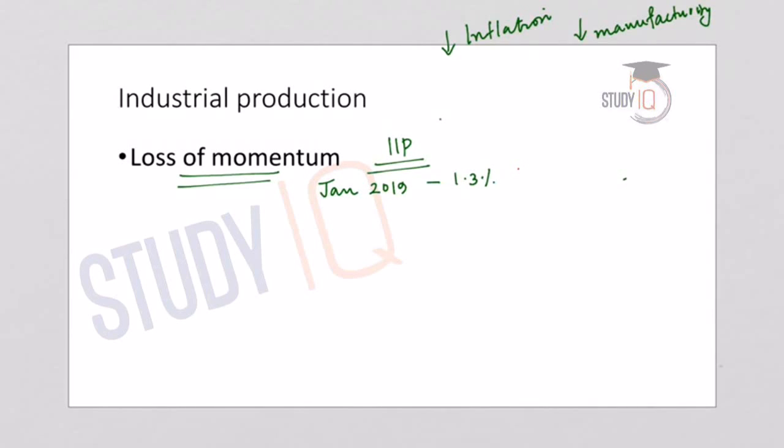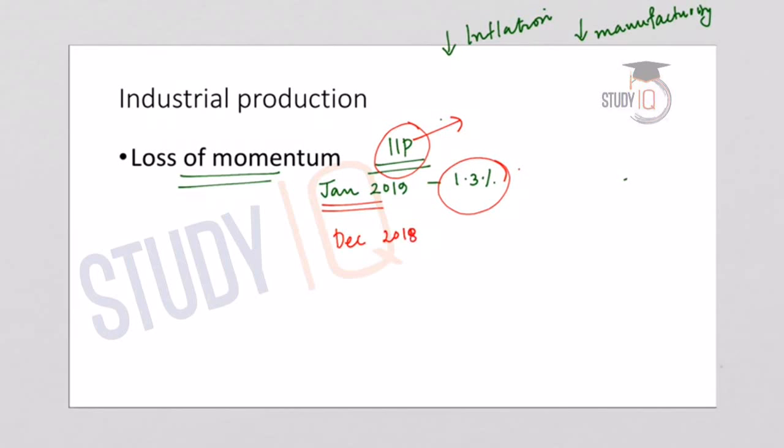IIP or Index of Industrial Production is a monthly publication. In the month of Jan 2019, the output expansion or increase in manufacturing was only 1.3%. But in the previous month, December 2018, it was 3%. Comparing it with January 2018, that is a year before, it was 8.7%.